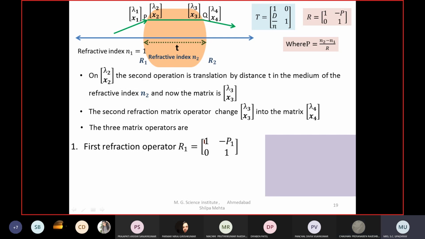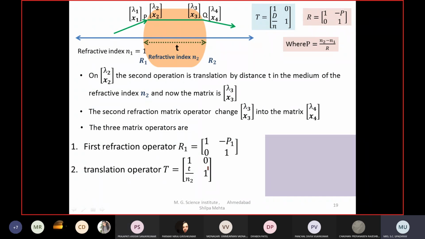How much distance does it cover? t upon n. T upon refractive index, how much is it? Inside, the ray is inside. Inside the refractive index is n2. So 1 0 t upon n2 and 1.